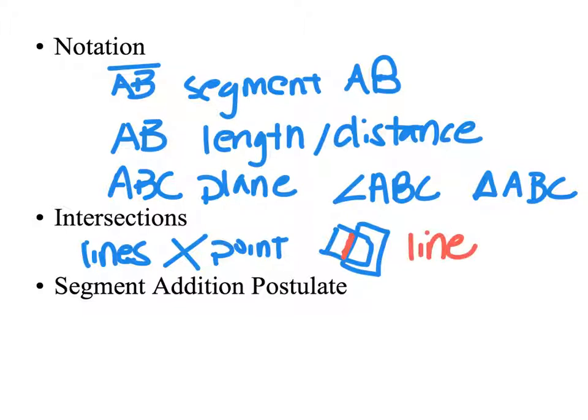It might look like a line segment, but it's not, because they can go on and on forever, so they always produce a line. Then if I have a line and a plane, they're going to produce a point, because that line is piercing through that plane, so they intersect at a point.